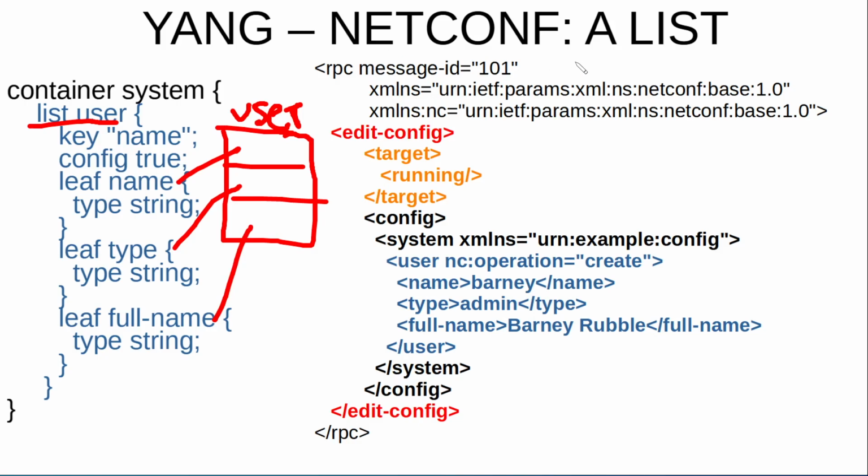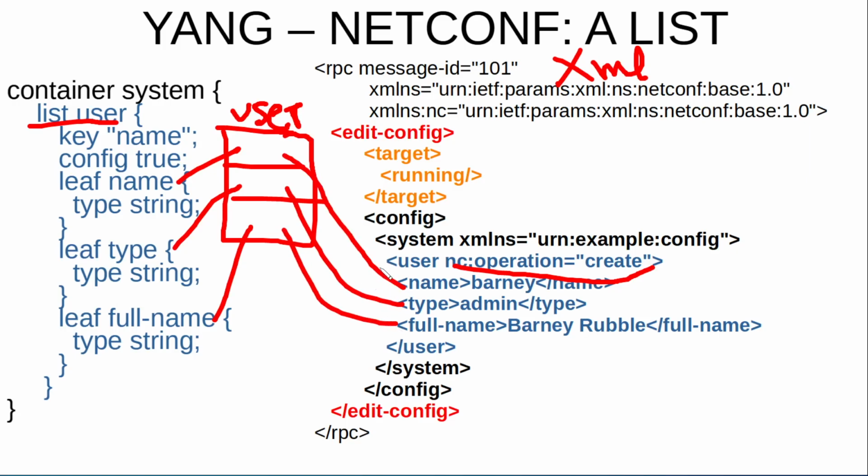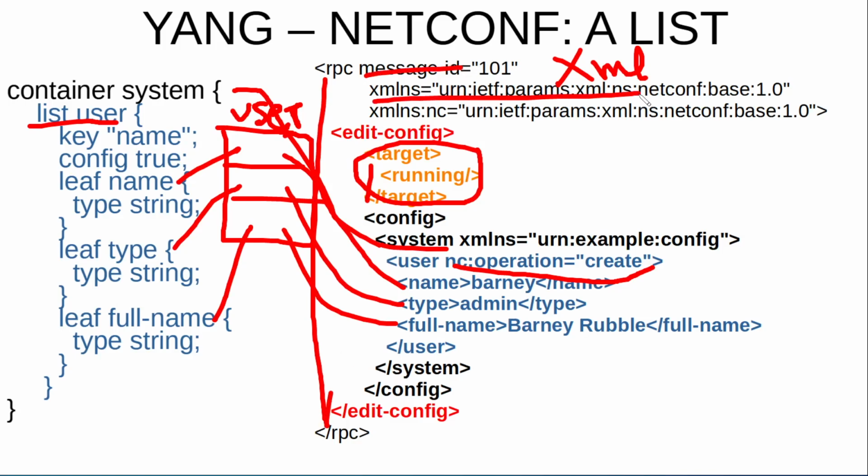So using XML, you can create a new entry in the table establishing the name, the type, and the full name. Remember that you will have to establish the path where this system corresponds to this container, and all the other details we talked about previously. Establish the data store and the RPC with the message ID and the namespace.